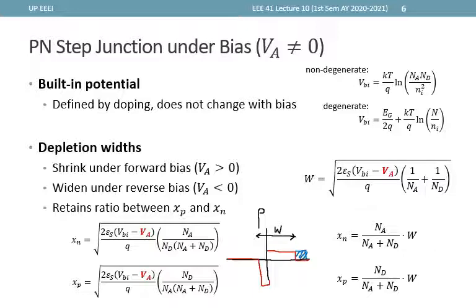But since we must consider that the whole area on the n side and p side must be the same, we add this smaller area here that corresponds to the new area on the other side. And so the ratio of these new areas must be the same as well to maintain the same area. So the ratio of the depletion widths on the N and P sides is maintained and is a function of the ratio of the doping concentrations.